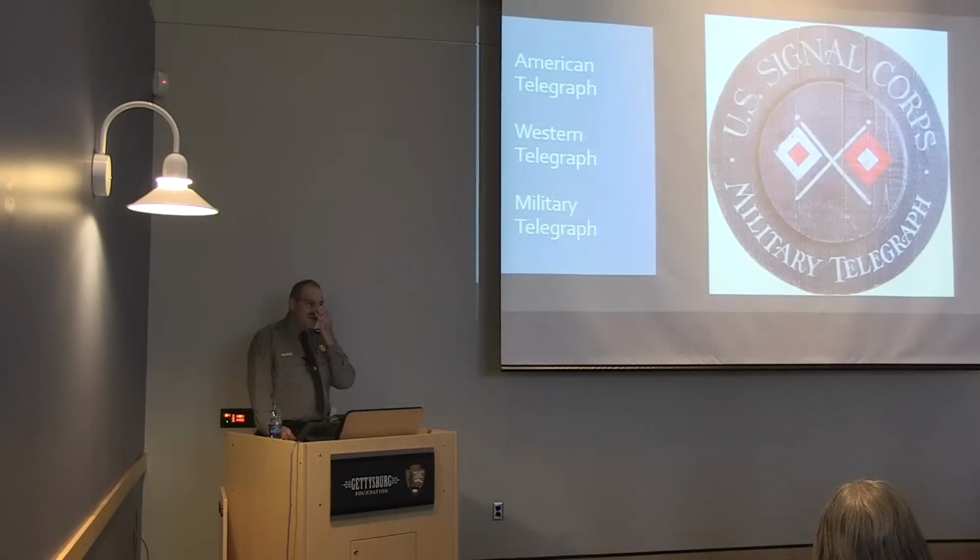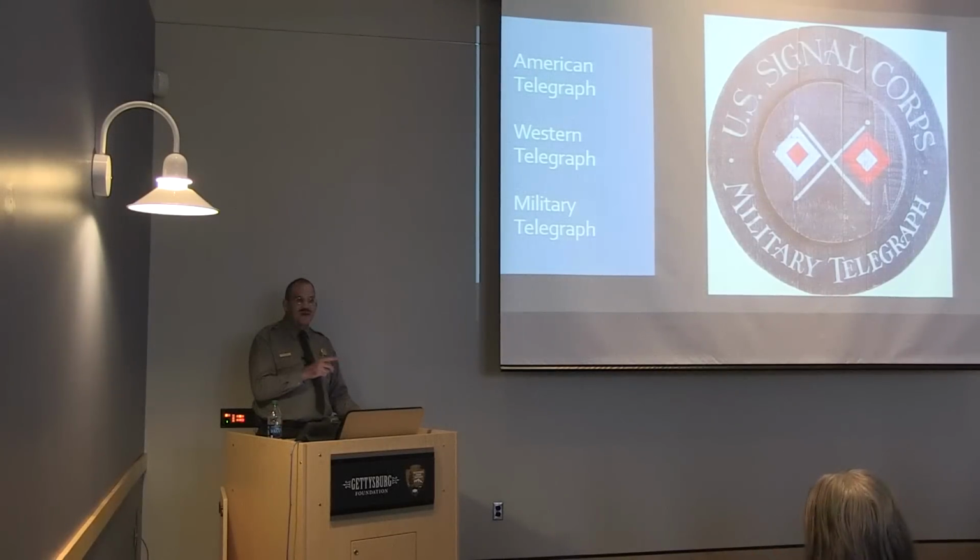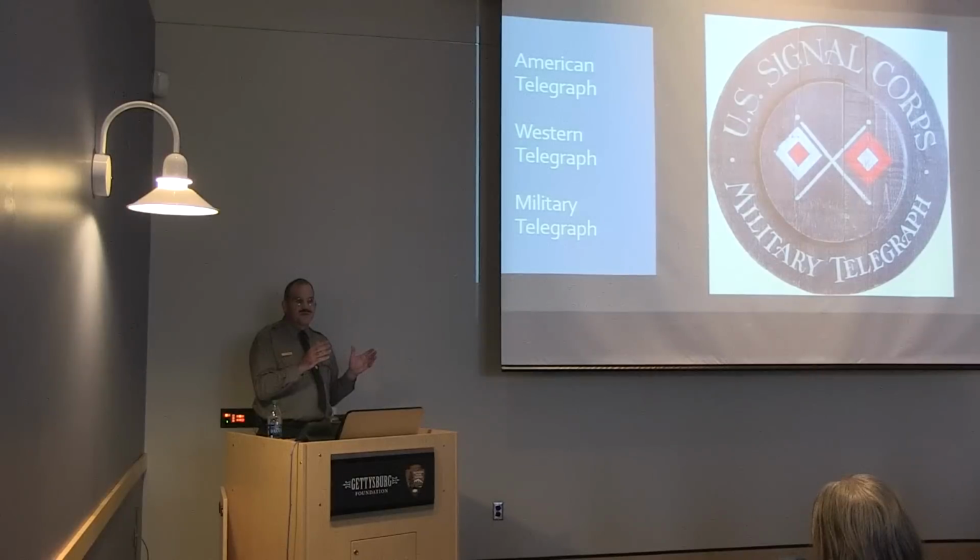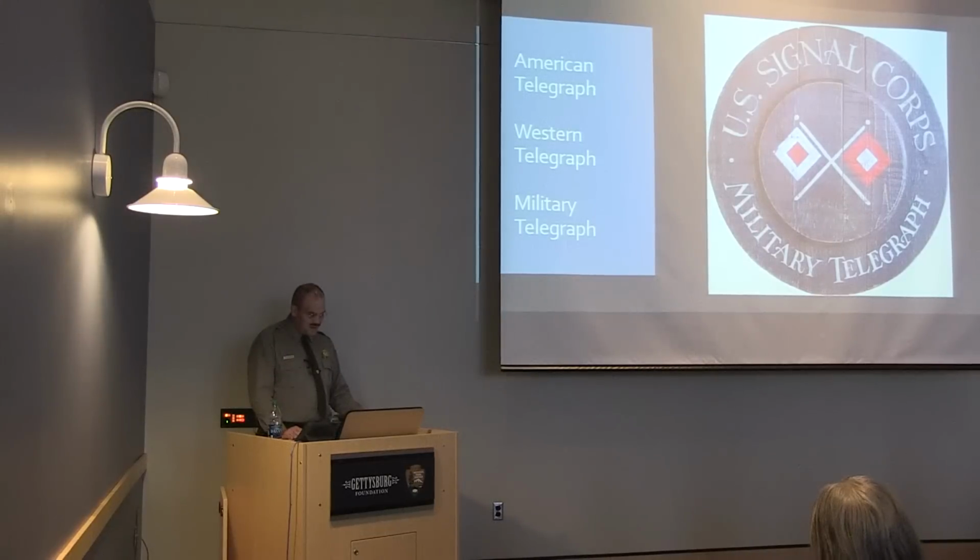The American Telegraph was preferred early on by the Union Army, but the trouble with the American Telegraph Company was that it ran across sectional lines from north to south. So when the war started, something like half of their customers were in enemy territory. So financially, American Telegraph did not survive the sectional split.